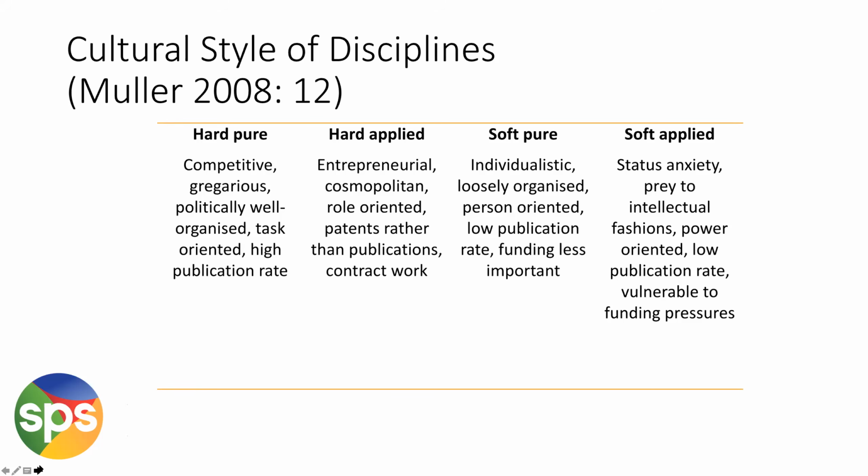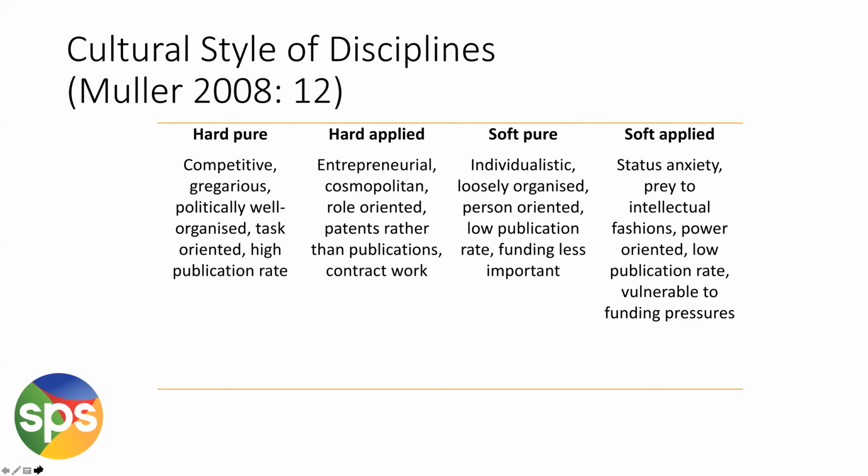And then if we go to the soft applied, supposedly the cultural style is that there's a bit of anxiety around status. There's a prey to intellectual fashion. So they're fads, they're theories that come and go. There's a lot of power plays, there's a low publication rate, and very vulnerable to funding pressures, vulnerable to cuts during times of austerity.